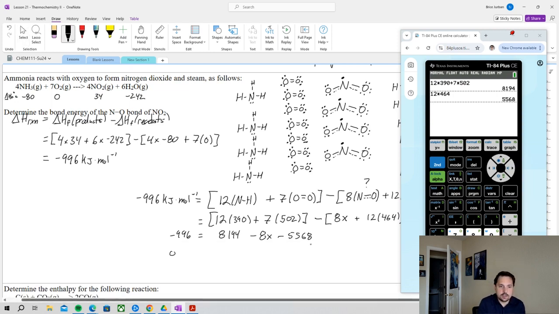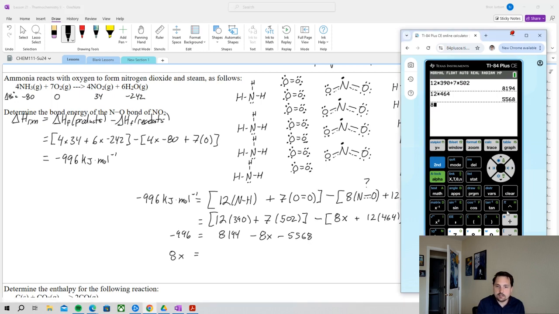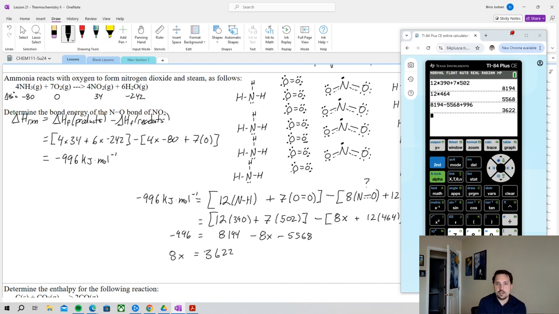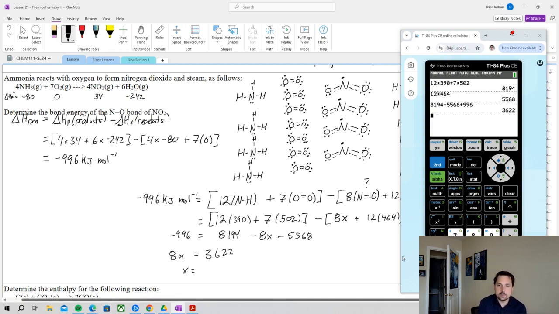I'm going to bring the 8x over here, and then I'll bring the 996 over to the right side. We get 3,622. And that's the energy to form 8 of those NO bonds, and I just want one of them. So we'll divide through by 8 and get that it is 452.8.